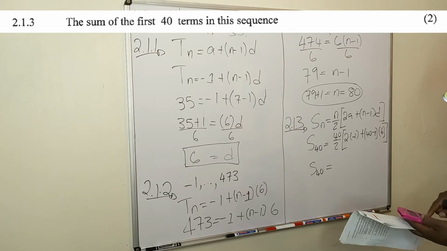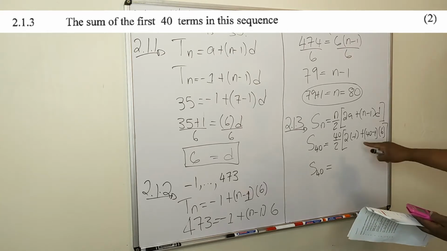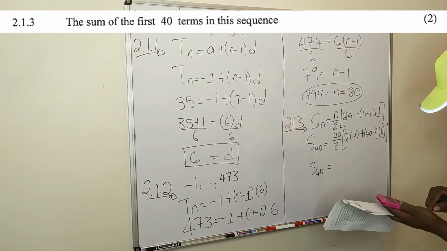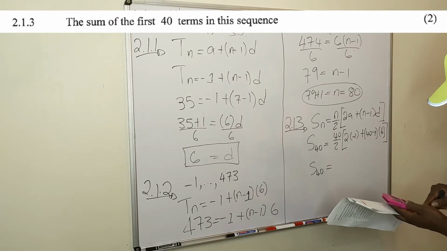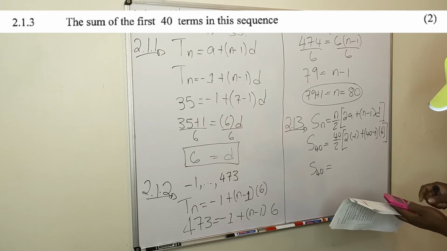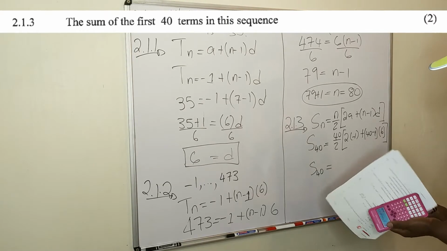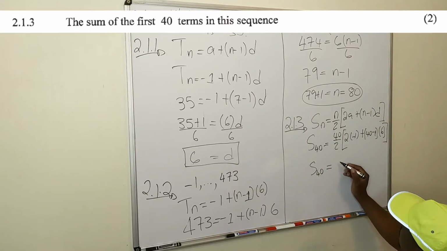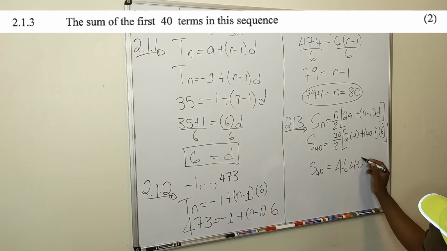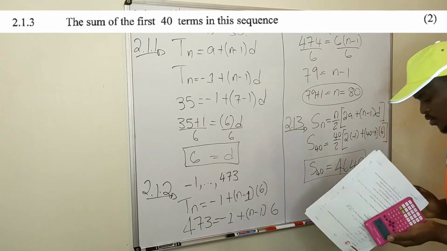So we have 40 over 2, then you punch it as it is: 2 times minus 1 plus 40 minus 1 times 6. So the sum of 40 terms is 4,640. If you sum the first 40 terms, this is what you will get.